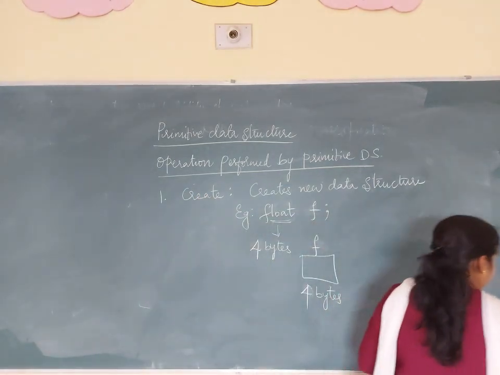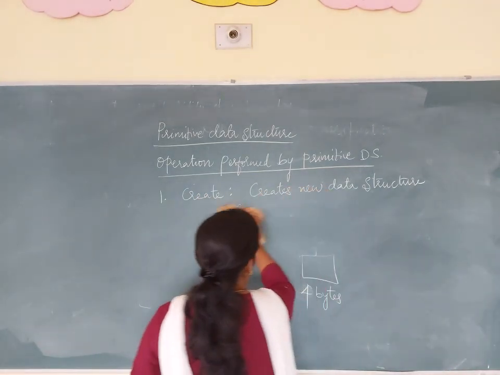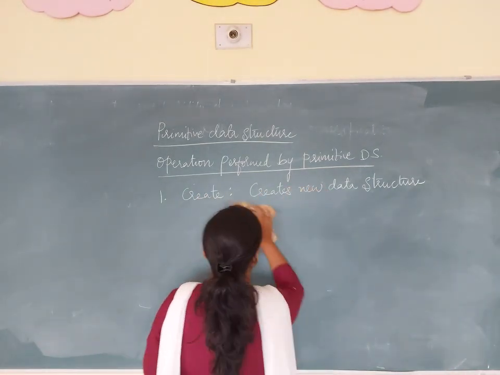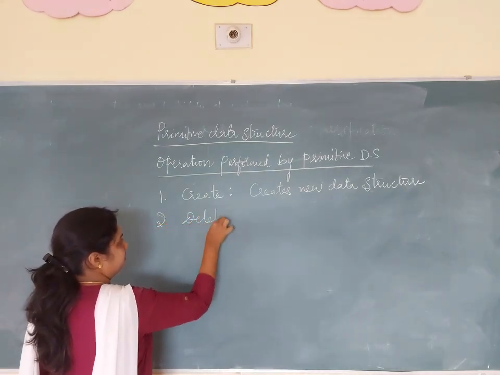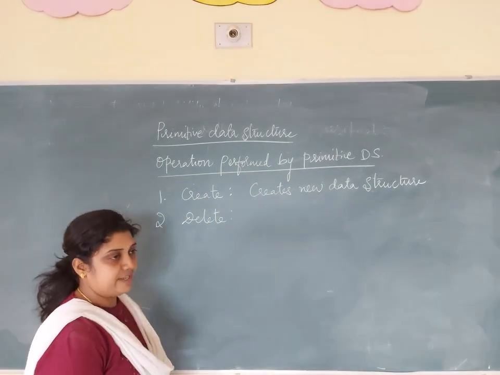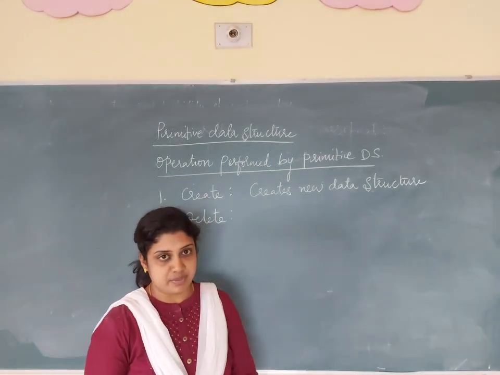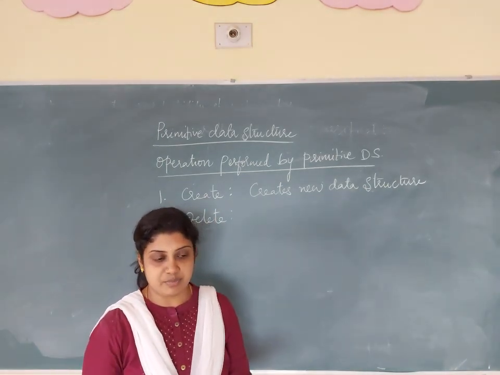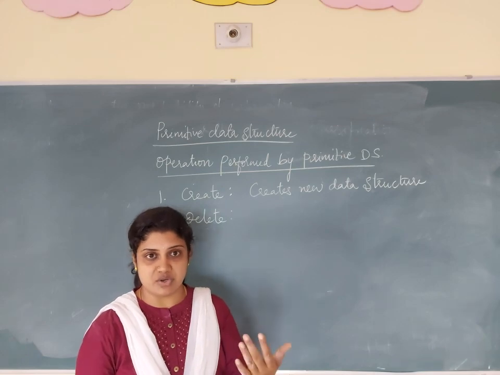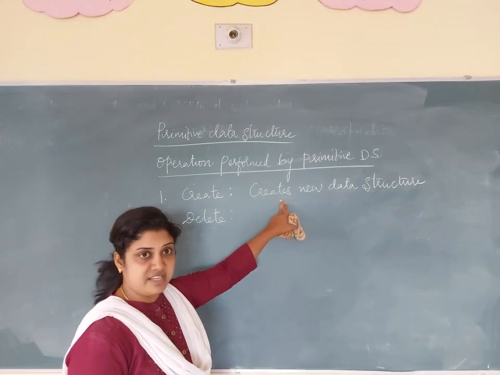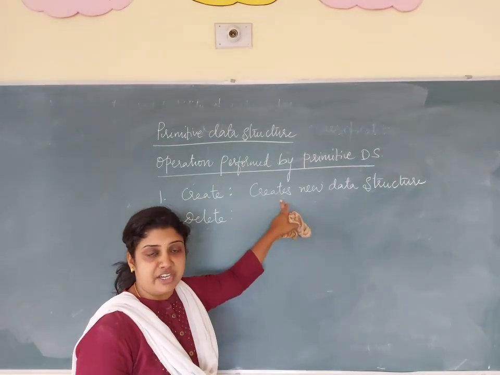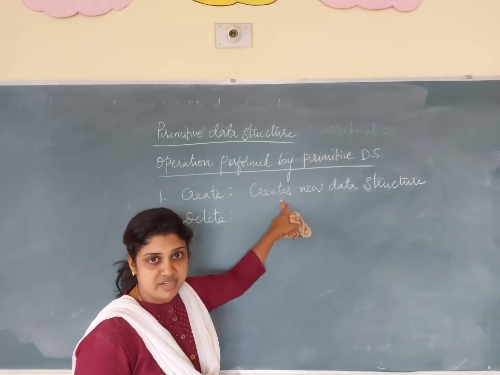And the second one is Delete. Delete operation. After executing the program, you have to delete or remove the data from the memory space. Assume that we have created a new data structure with the help of a data type.